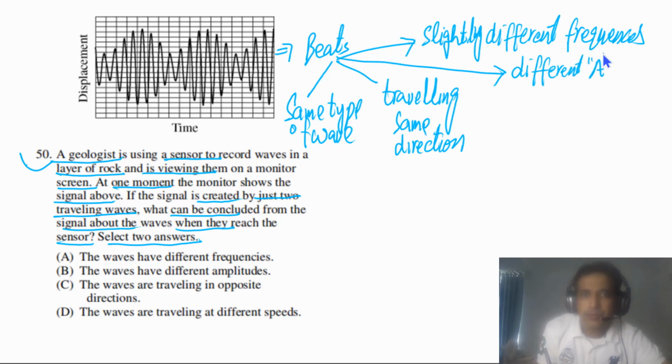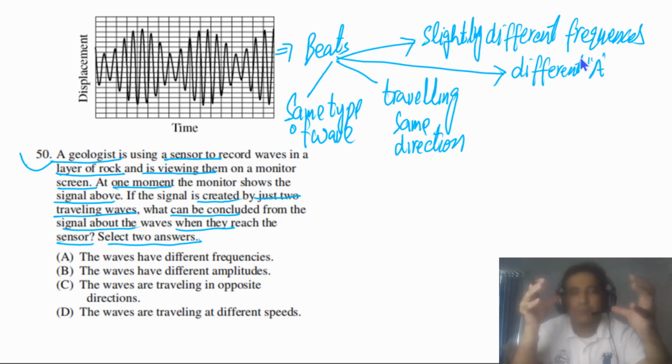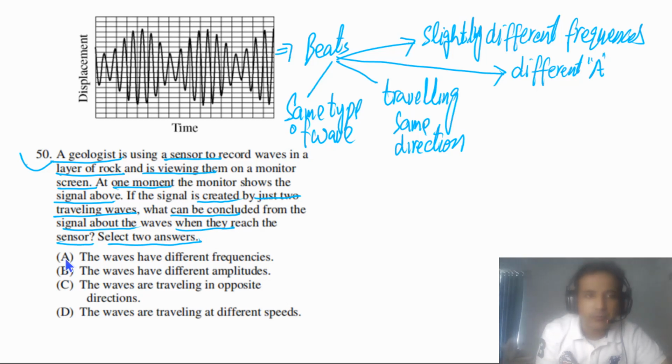I'm just writing it, different amplitude. When these waves meet, they form beats. If you understand these concepts, then we can figure out the answer.